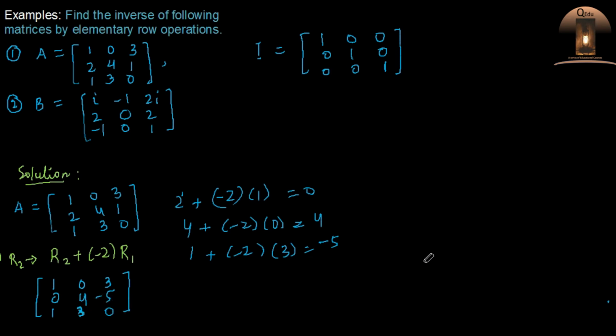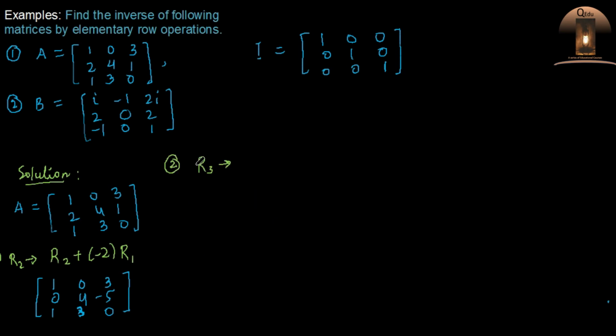That is our second operation, which we shall apply on the third row. So I am writing R3. This means I am going to change the third row by using the elementary row operation, which will simply be adding these two rows. So this will be R3 plus 1 times R1, or simply R1.